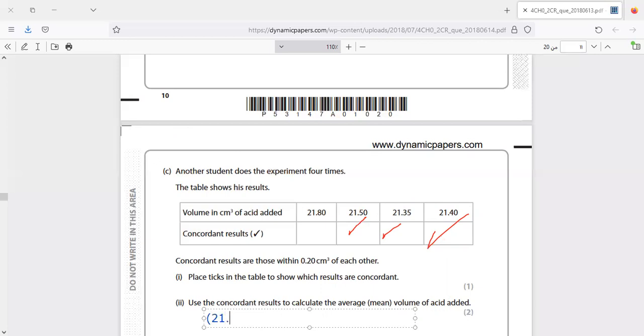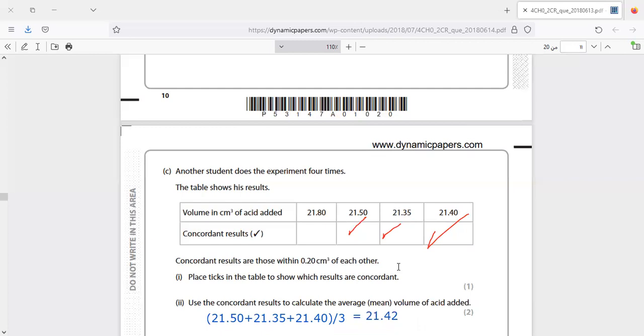So 21.50 plus 21.35 plus 21.40 divided by 3. What is the answer? It's 21.42.